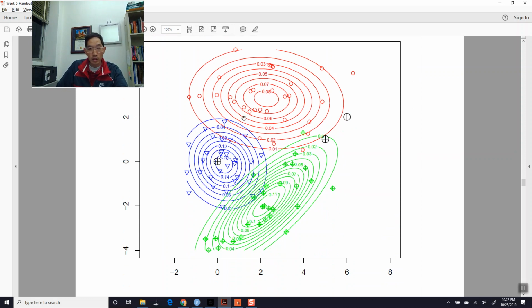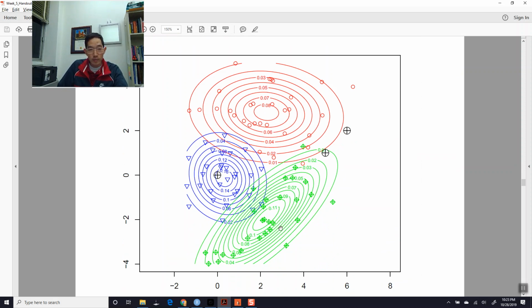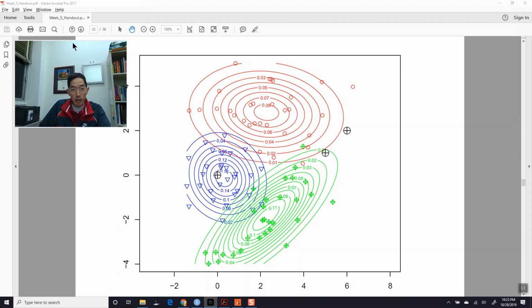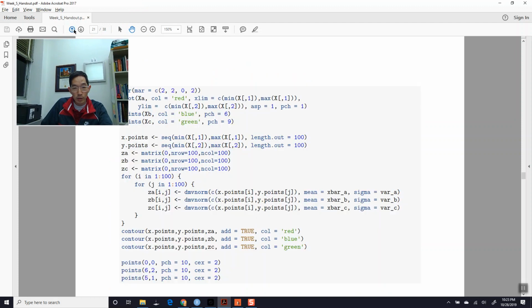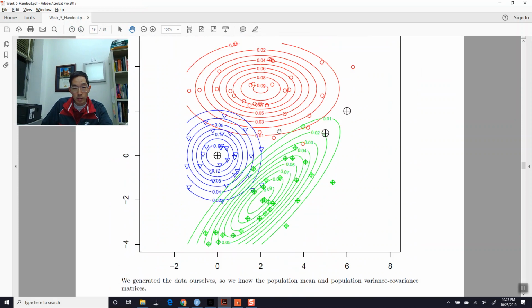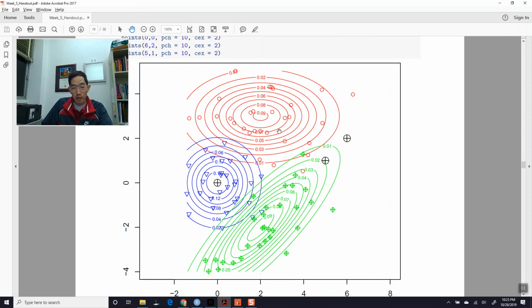So let me just contrast this on page 22 versus the bottom of page 19. Okay, so on page 19, these are the true shapes that we get. So notice there's absolutely no covariance between x1 and x2 in the red, and no covariance between x1 and x2 in the blue.